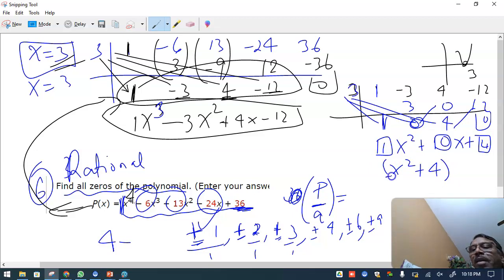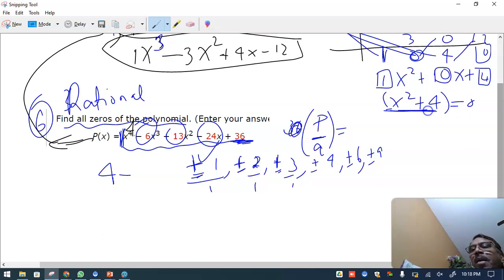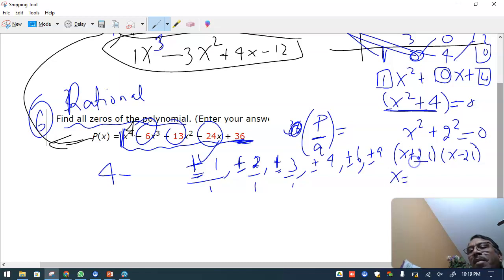Now we put this equal to 0, because the question is asking what the zeros are. You could directly use the formula I gave you. You can make two factors, x plus 2i and x minus 2i, because it's of the form a squared plus b squared. The opposite of plus 2i is minus 2i, and the opposite of minus 2i is plus 2i.